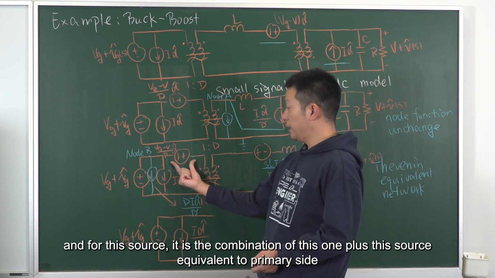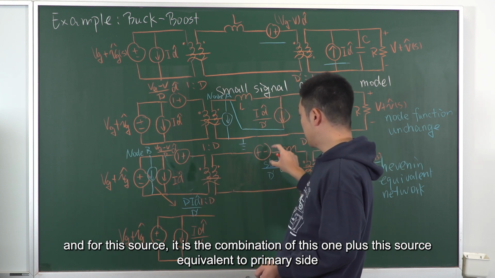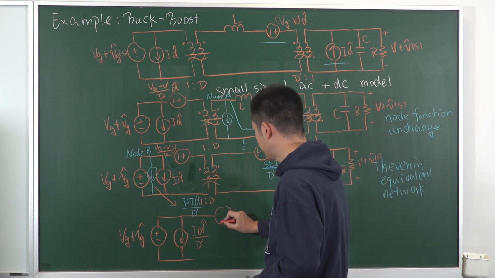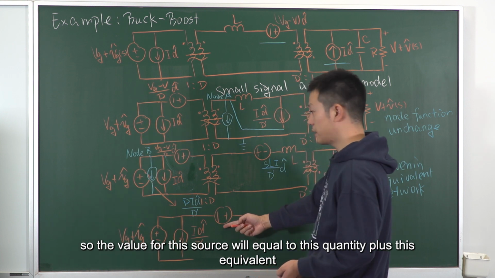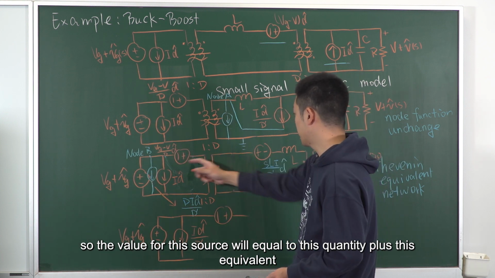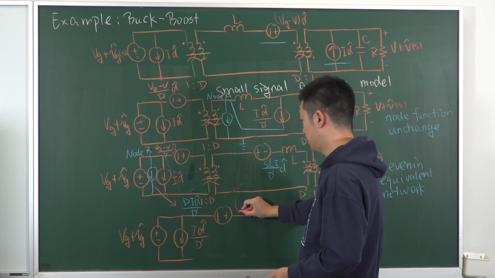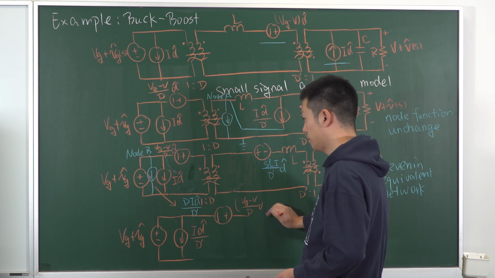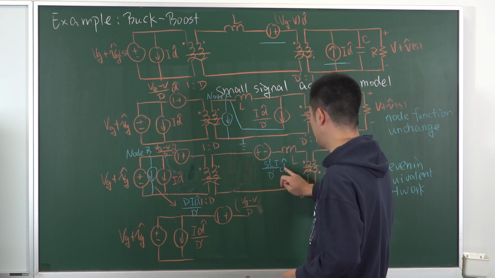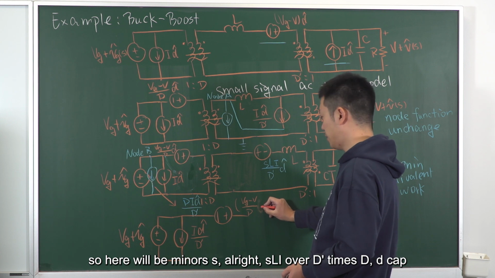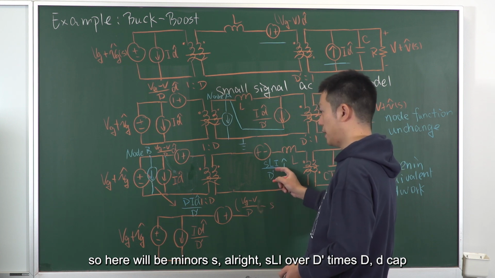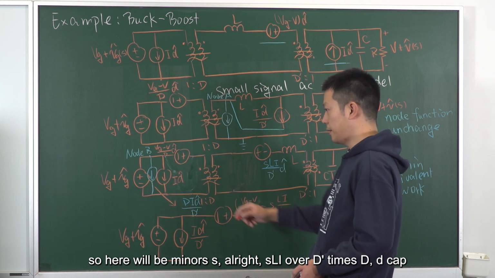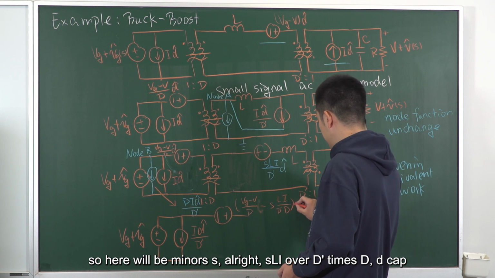And for this source, it is the combination of this one plus this source equivalent to the primary side. So the value for this source will be equal to this quantity plus this equivalent. We extract the d cap items. So here will be minus s Li over d prime times d cap.